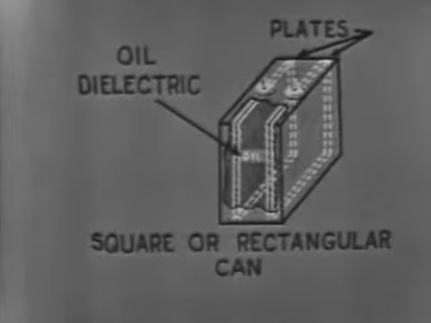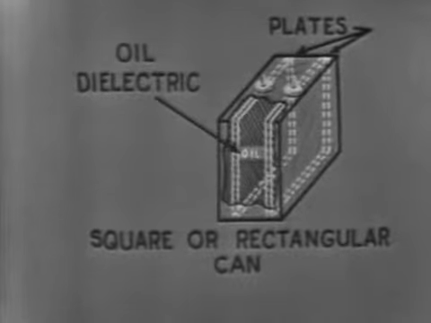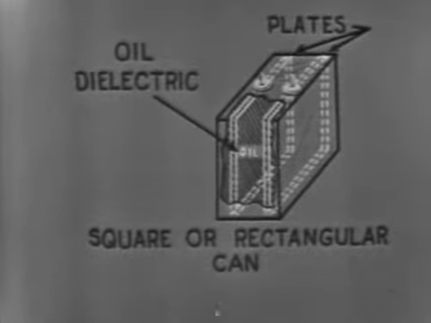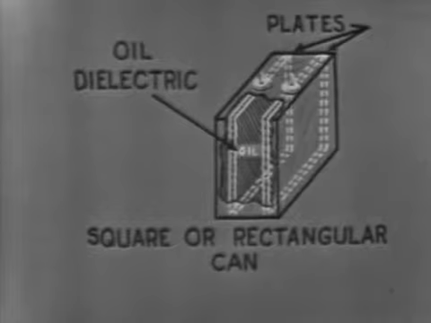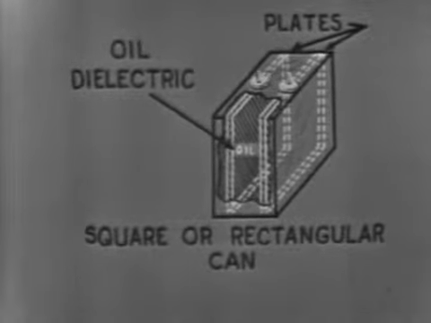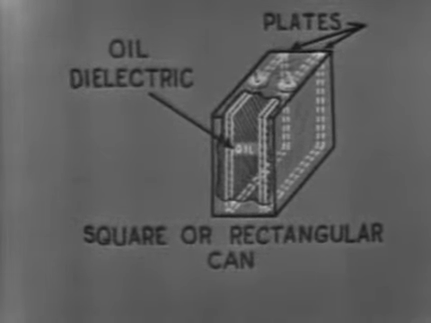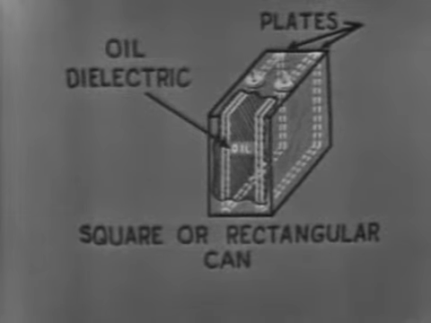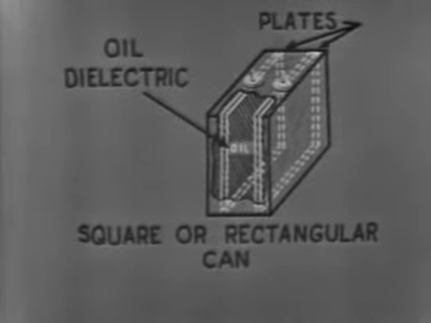Now, there's one other capacitor in a metal can which we should discuss. This one takes the shape of a square or rectangle. The square or rectangular capacitor uses oil for a dielectric. The oil dielectric capacitor provides all the advantages of the electrolytic type.